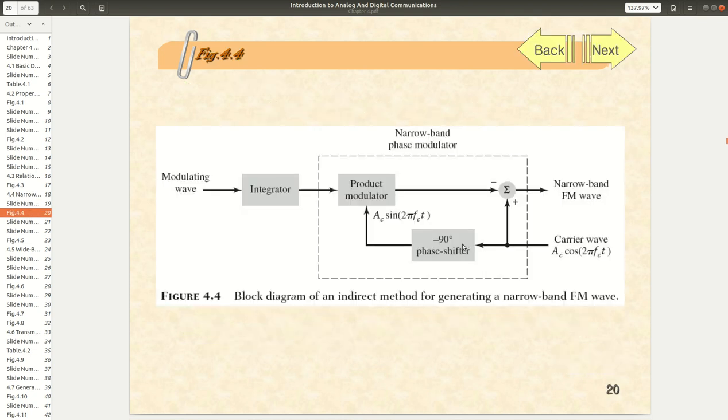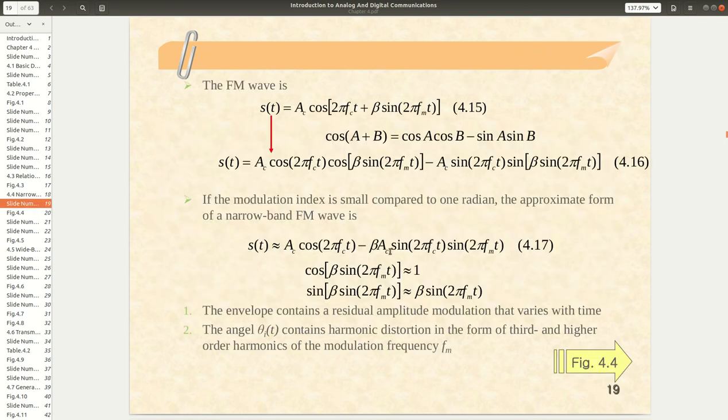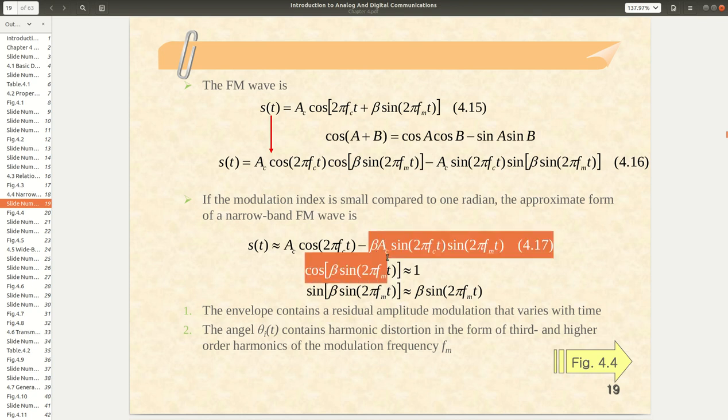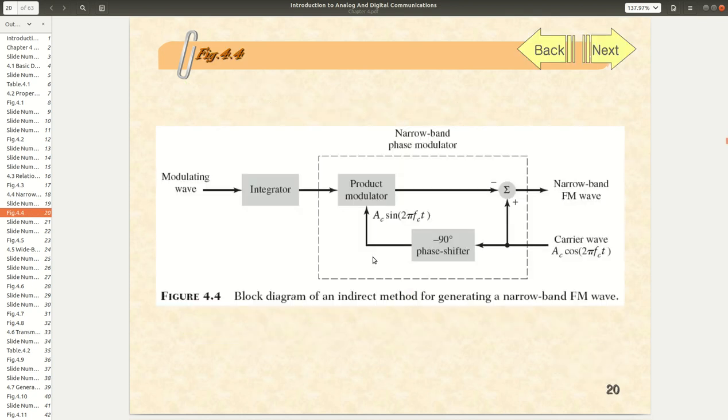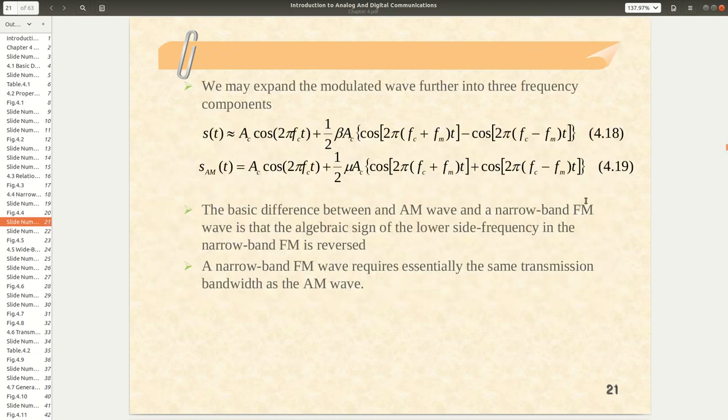So I make a phase shift of the sine here, a phase shift to get this sine. I multiply by the sine of the f_m and multiply by the beta theta i A_c. Okay, so this is the product modulator here, minus, so I get the narrowband FM. Okay, this is how I can generate the narrowband FM.